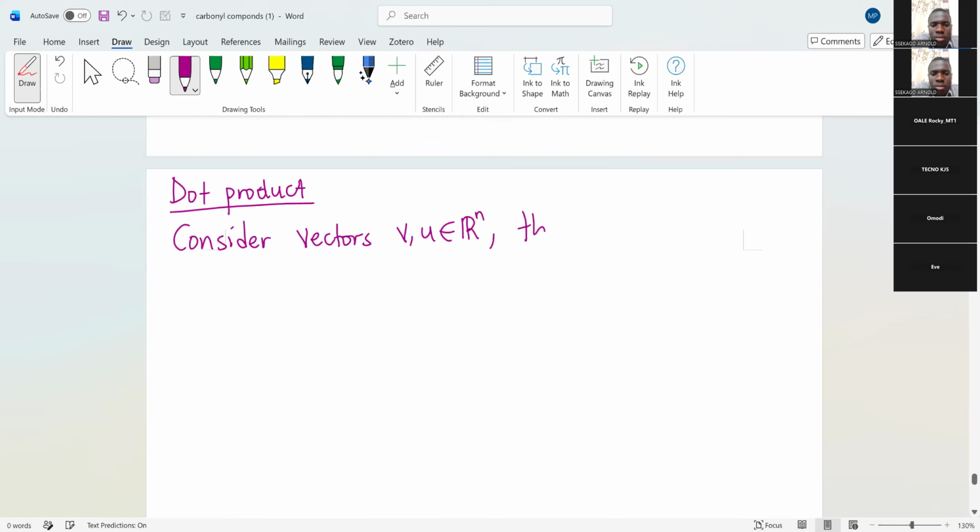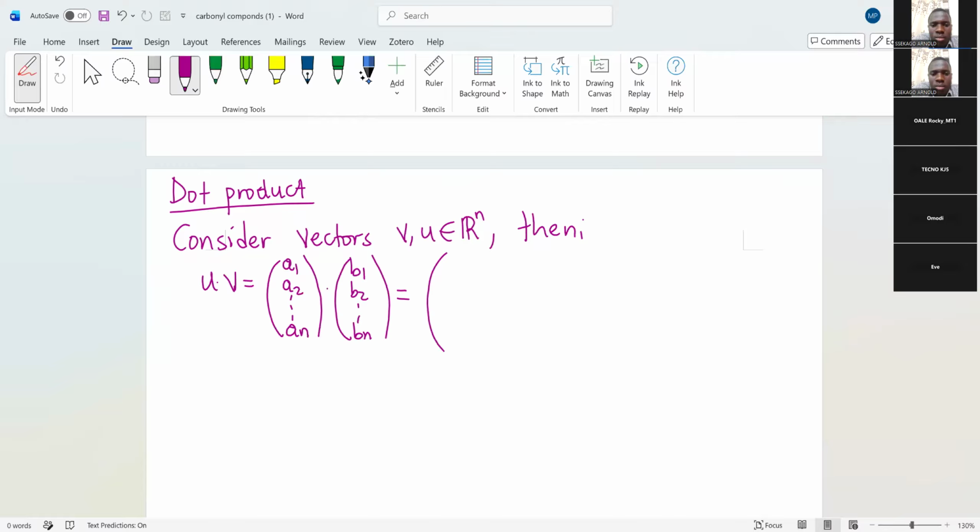Then the dot product of U dot V, this will be a1, a2, up to an dot b1, b2, up to bn. So we multiply correspondingly as we add.